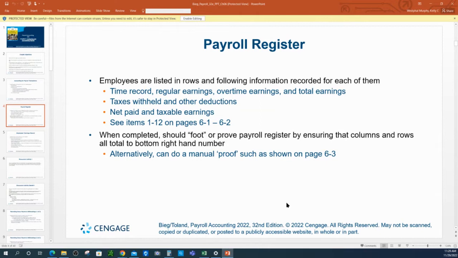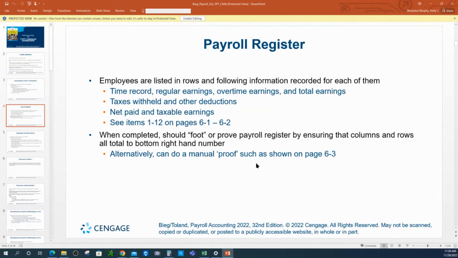For each pay period, there would be a payroll register generated. The total information from that payroll register is used to make those journal entries. And you're going to see here in the slides in just a little bit how that information is extracted and how we create those journal entries from that.